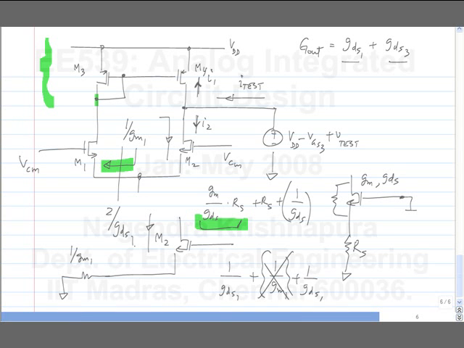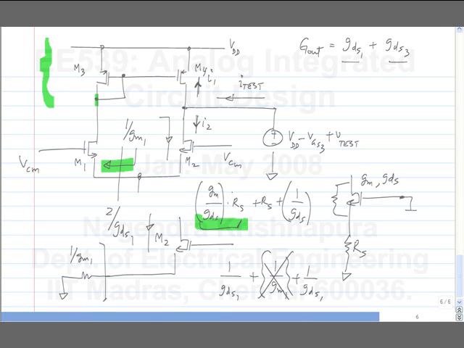Is this okay? All I did was to apply the formula for the cascade amplifier, and in this case the resistance which is degenerating the source is not very large. It is the same as the transconductance of the transistor. So this multiplying factor Gm by GDS is not a very large number like it would be in a normal common gate case. In this case the multiplying factor is exactly 1.